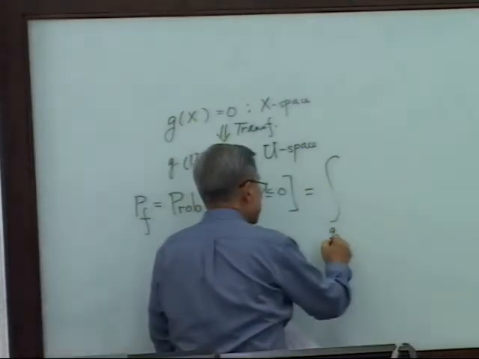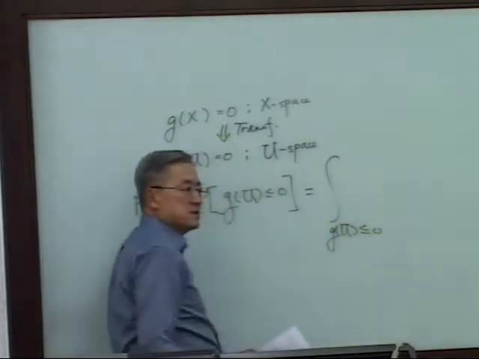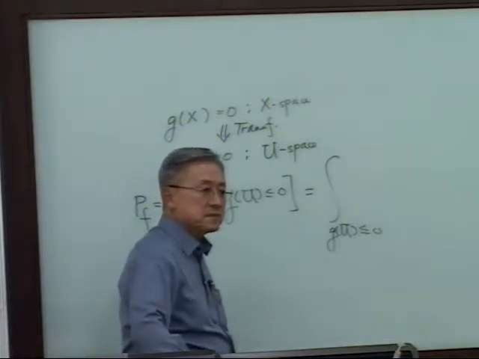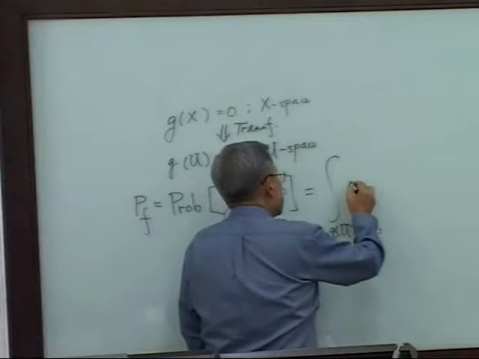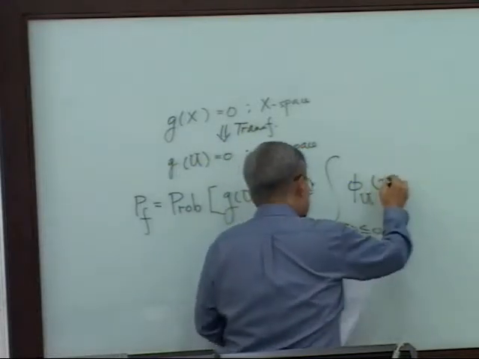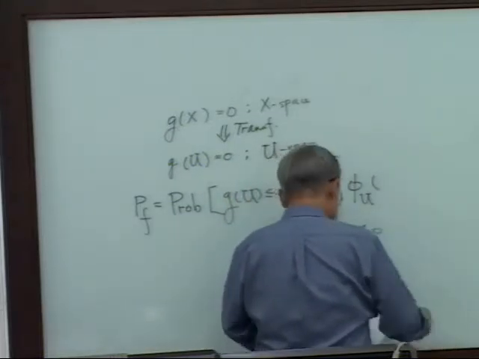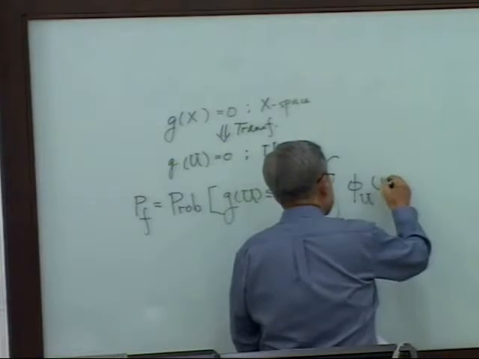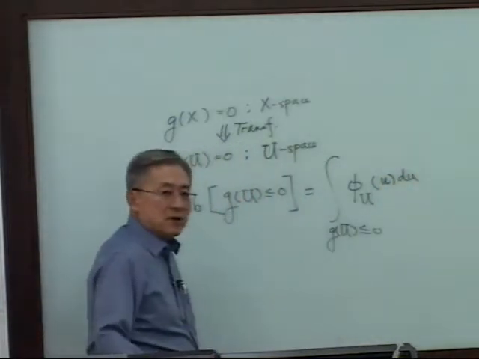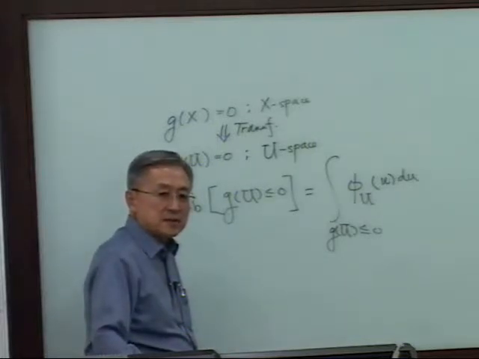So it's G(U), same thing, identical, less than or equal to 0, integration region, and phi U, rather than integration in X.